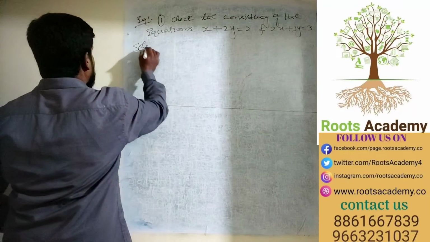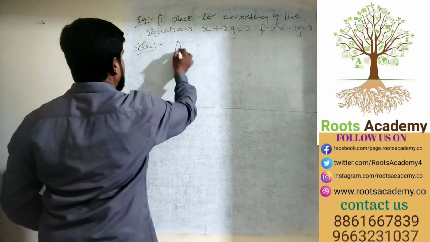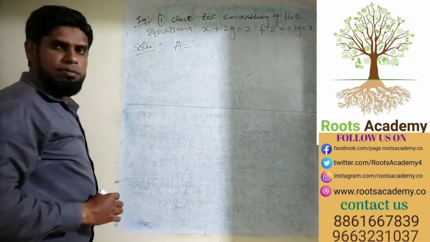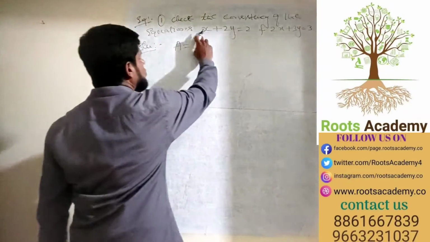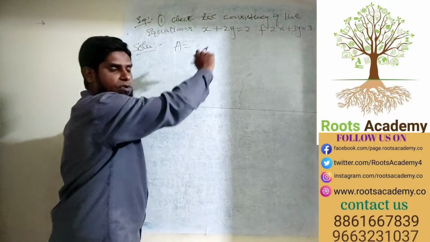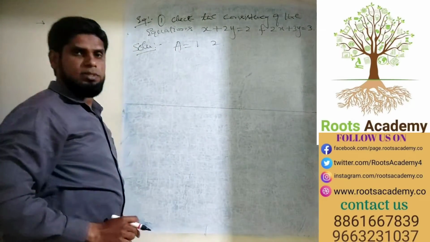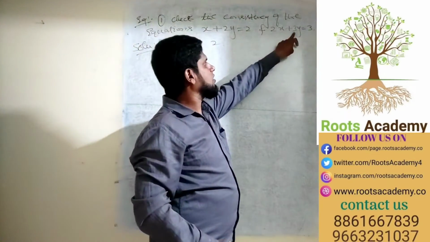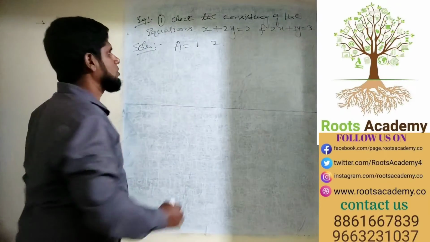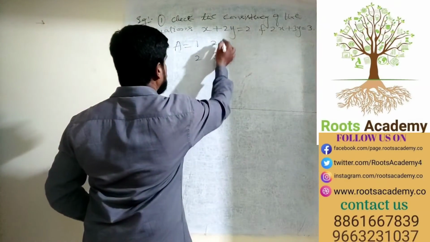So, solution. First, matrix A. The matrix A is the coefficients of x and y of the first equation: 1, 2. Next, the coefficients of the second equation: 2, 3.